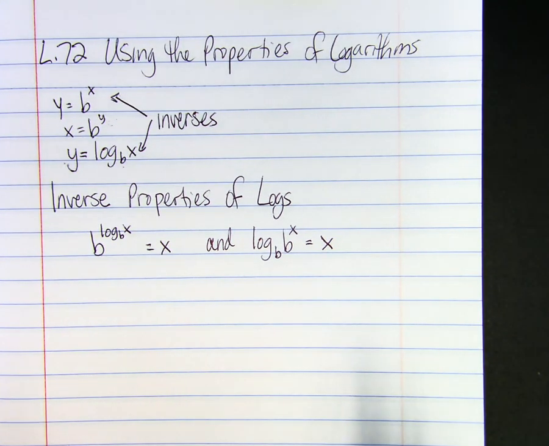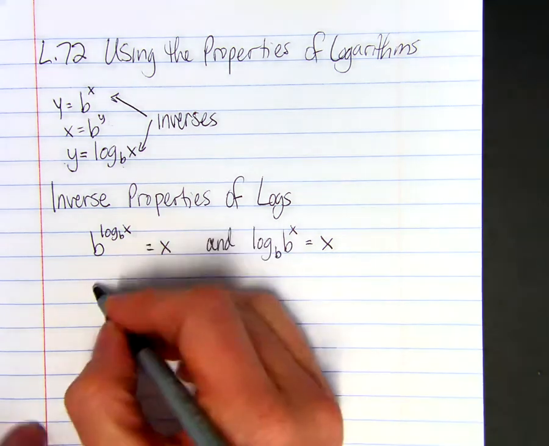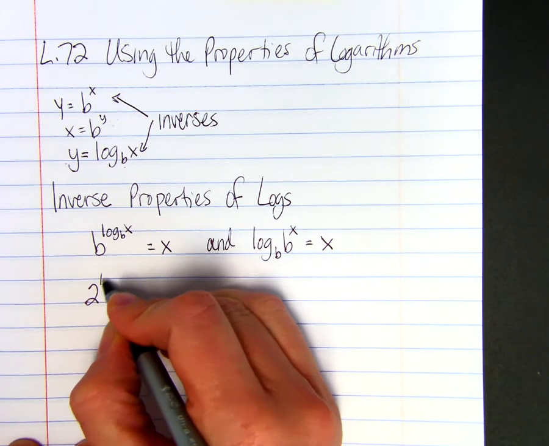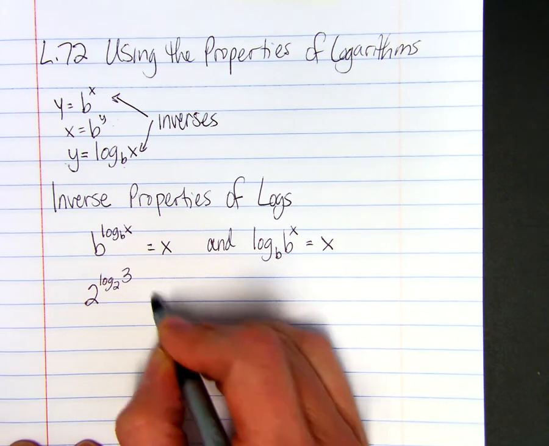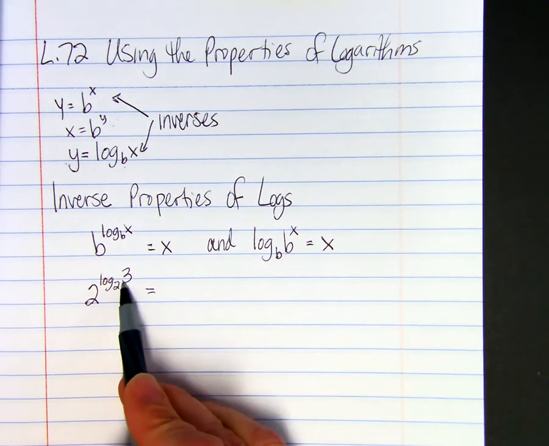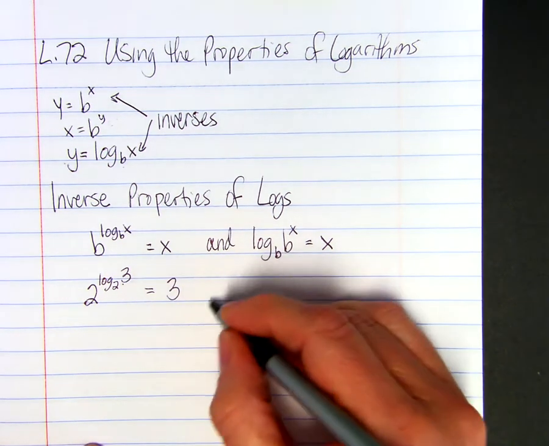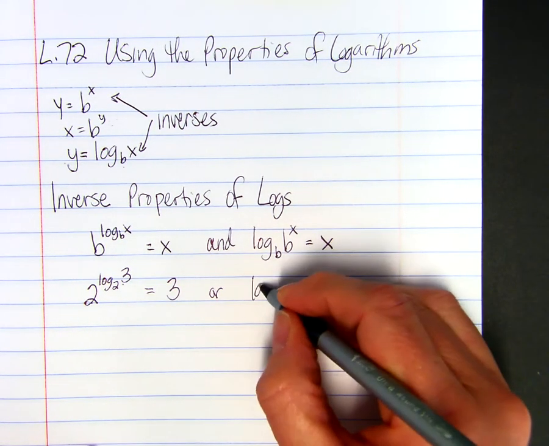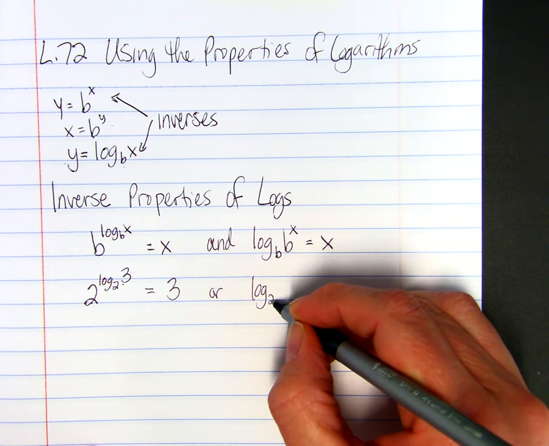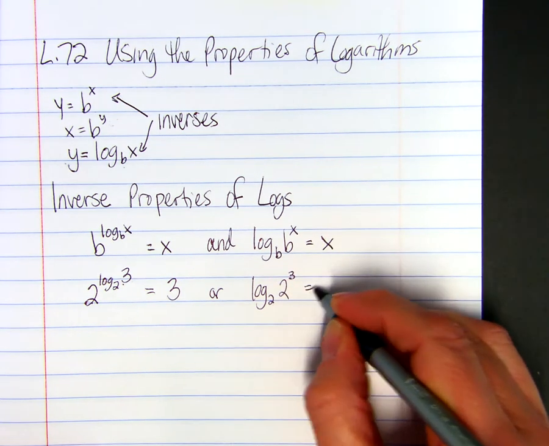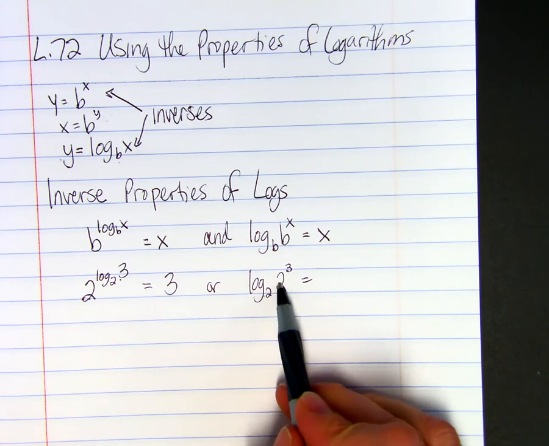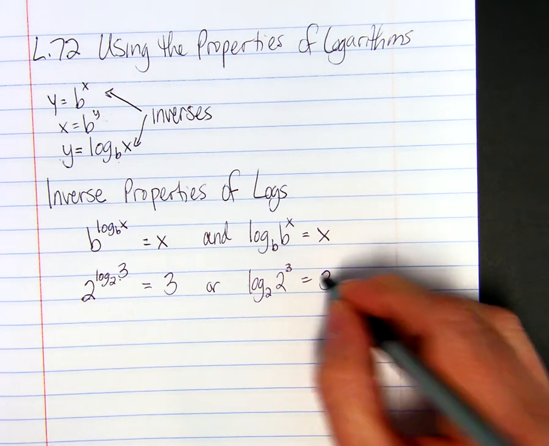So if I just put in some numbers for b and x, if I had 2 raised to the log base 2 of 3, if you see this base and this base are the same, then the answer is just 3. Or another example, if I had log base 2 of 2 cubed, these two are the same, so the answer is just 3.